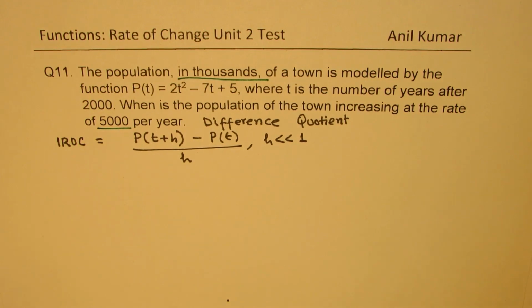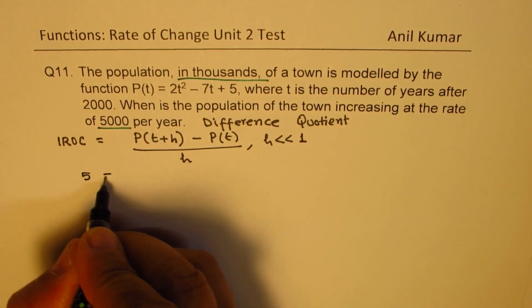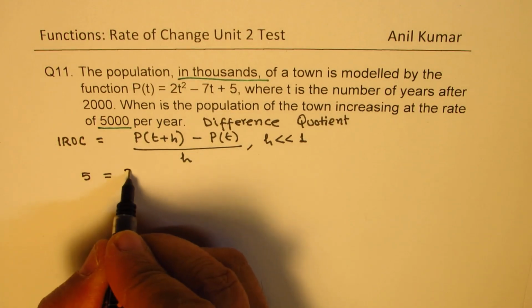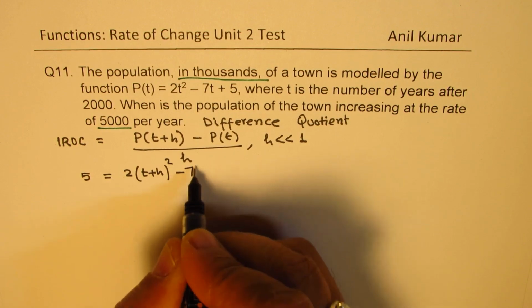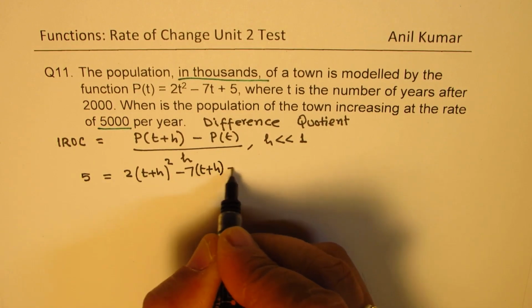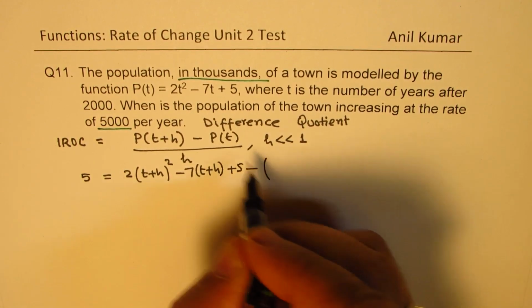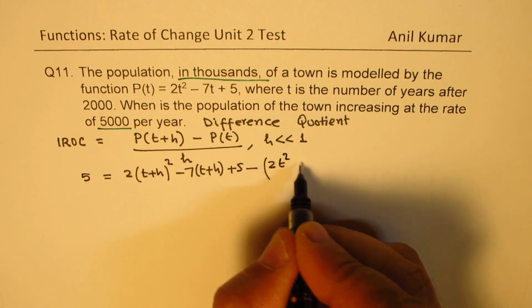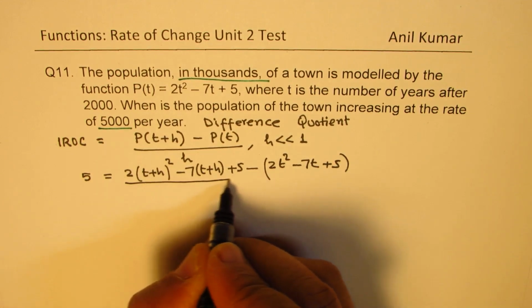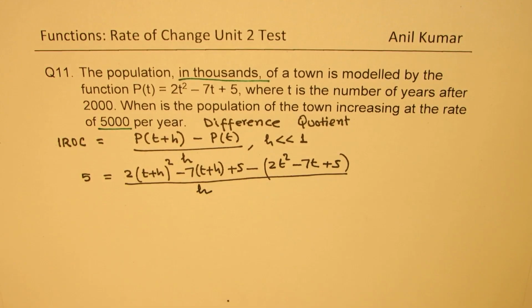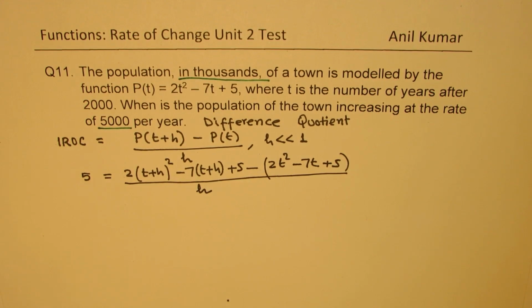So we could write this as 5 equals 2 times t plus h whole square minus 7 times t plus h plus 5, minus the whole equation 2t square minus 7t plus 5, over h. Correct? That is what we need to solve for. So let's write down the expansion and then work it out.